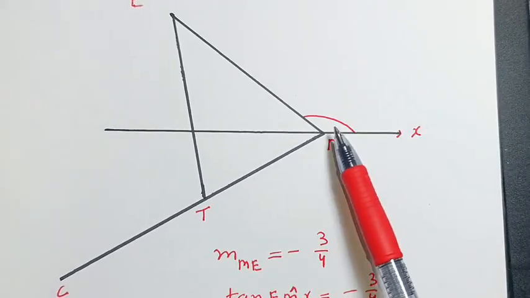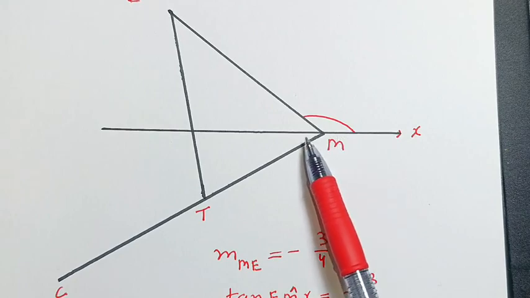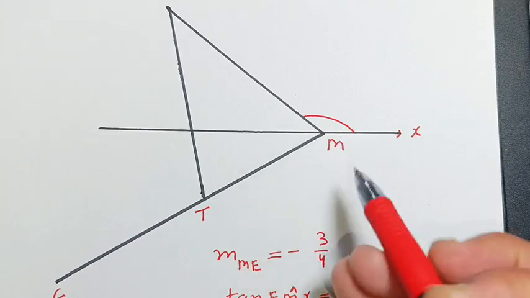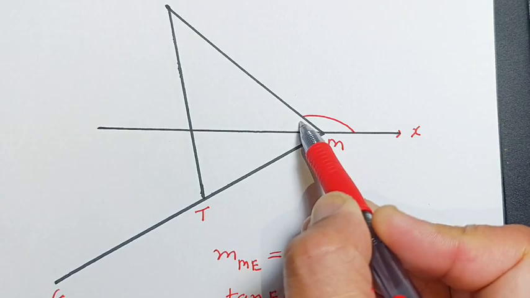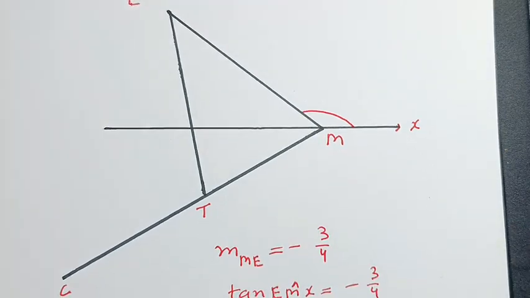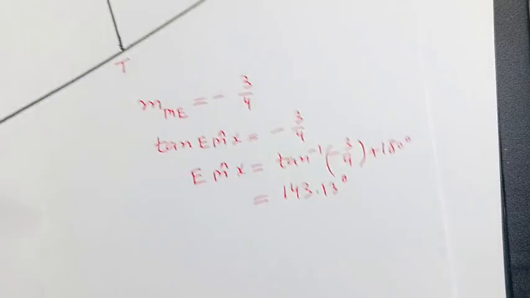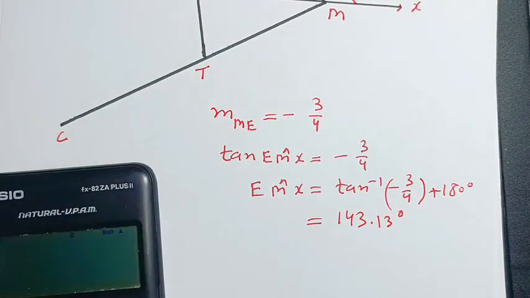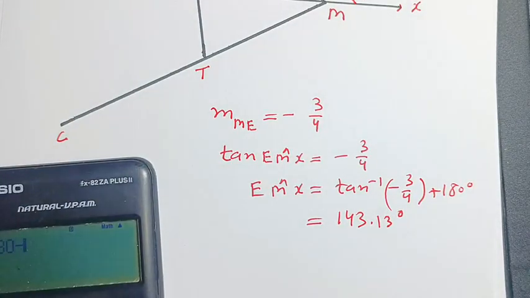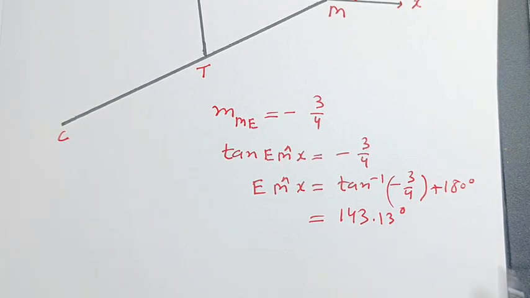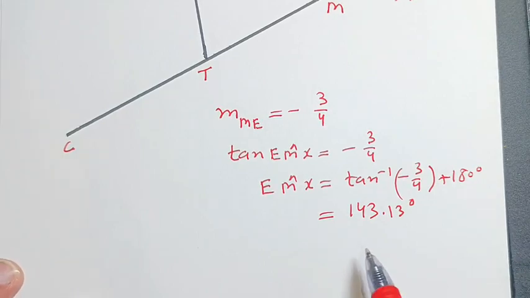This is 143,13 degrees. But now angle on straight line, 180 minus this one, because we need this angle here. It gives me 36,87. So angle on straight line.